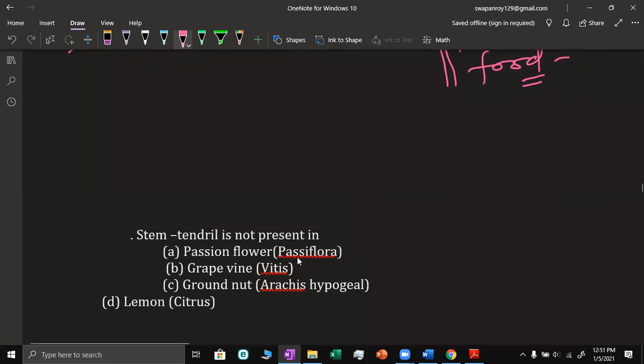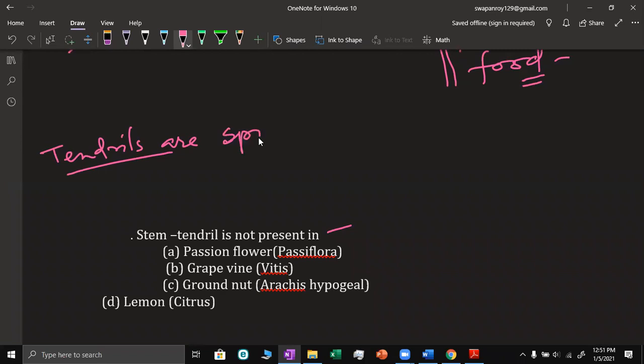Next, a stem tendril is not present in. What are tendrils? Tendrils are spirally coiled, spring-like, coiled filamentous structures.